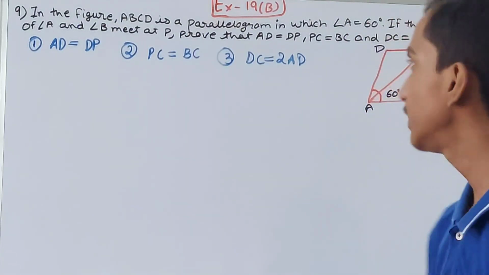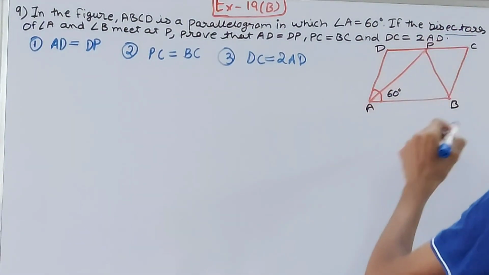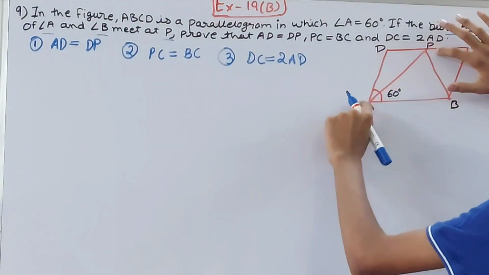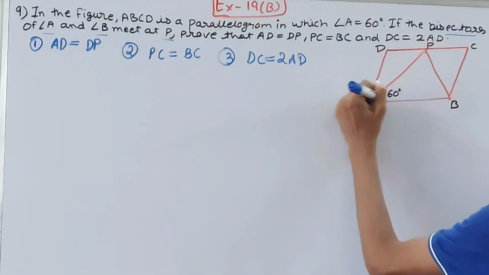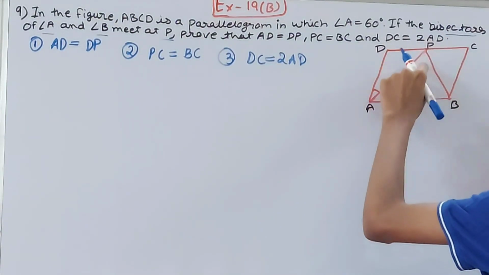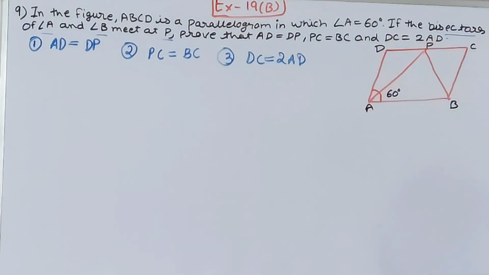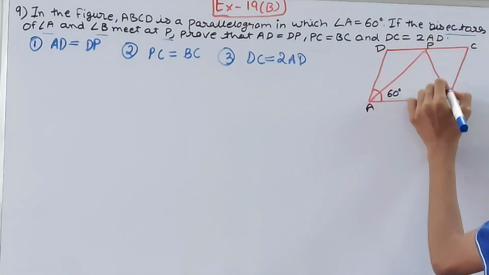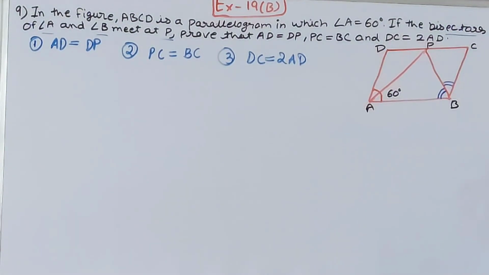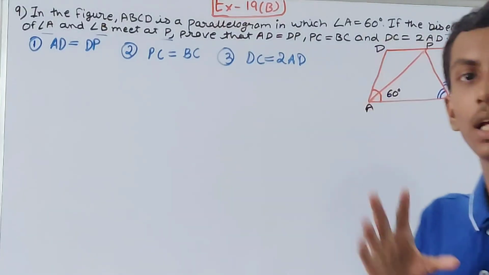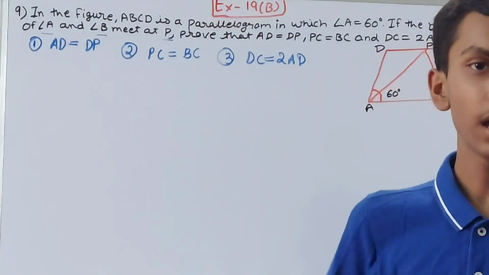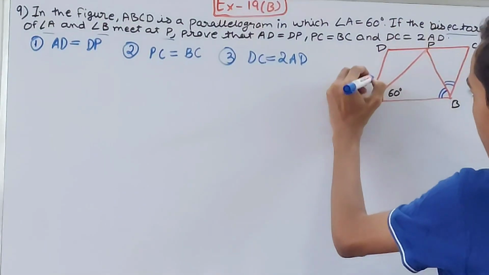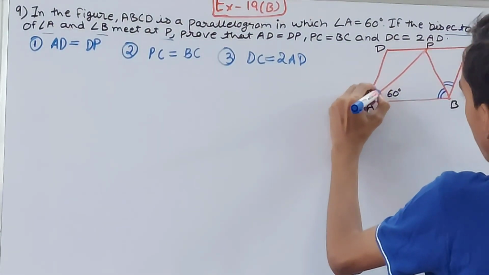It also says the bisectors of angle A and angle B meet at P. That means AP is the bisector of angle A, and BP is the bisector of angle B. Whatever the measure is here will be equal to the measure here also, because the line BP is the angular bisector of angle B. An angular bisector divides an angle into two parts. The same will hold for angle A: this part here will be equal to this part.